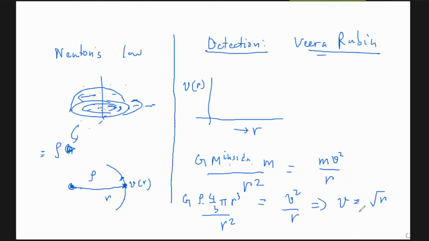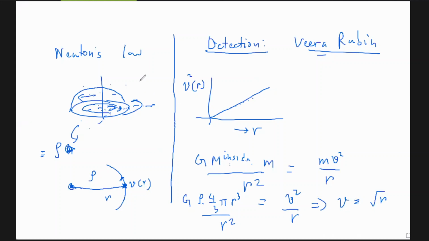Yes. So if you plot V square, it will be a linear function of R. It will increase as you go away from the center of the galaxy. The further you go, it will increase.